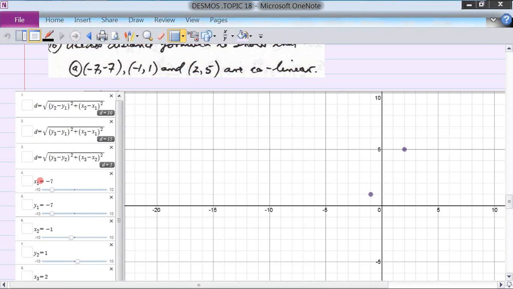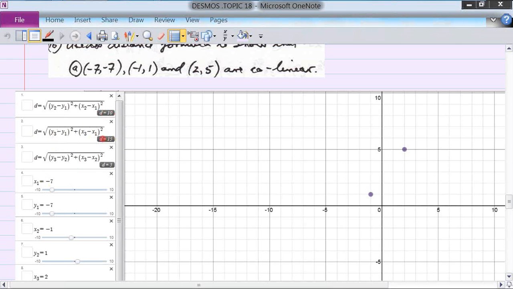And then I've identified x1, y1, x2, y2 as these points here. So x1 is minus 7, y1 is minus 7, x2 is minus 1, y2 is 1. Doesn't matter that I put these in afterwards. It still calculates them here, but it won't calculate this distance until you put these values in.